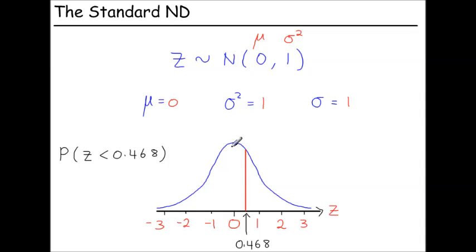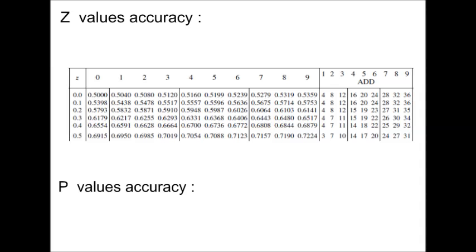I'm looking for this region here. To look up the probability from the table, 0.4 is here. So that's this part here, 0.4.